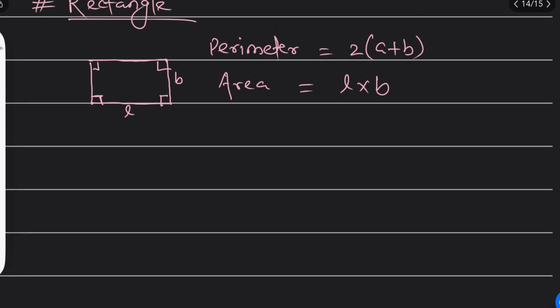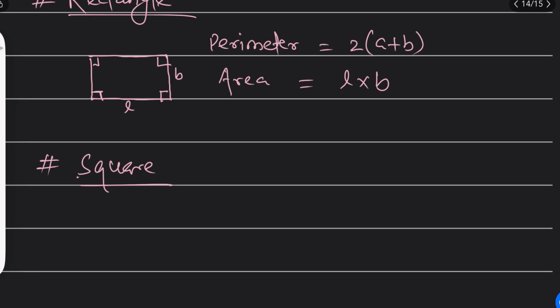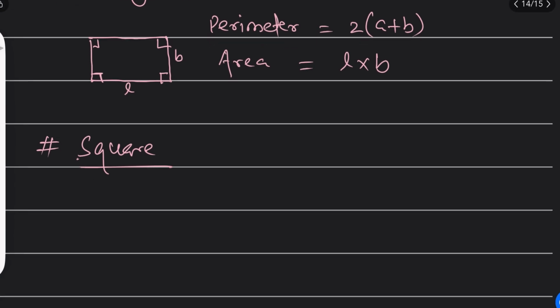Similarly, if I am talking about a square, sir, the square is looking like this shape, means all sides are equal in magnitude and the angle between them is 90 degrees, means it's a rectangle, sir. A square is a special rectangle in which all sides are equal.